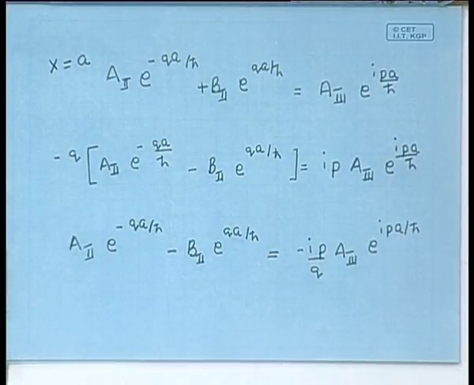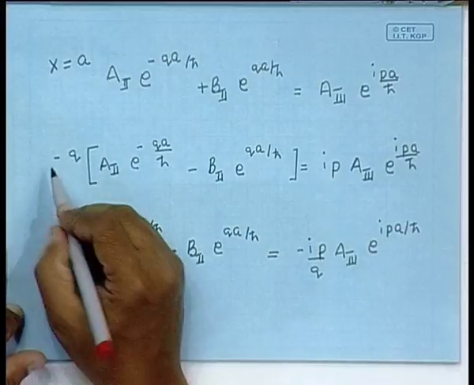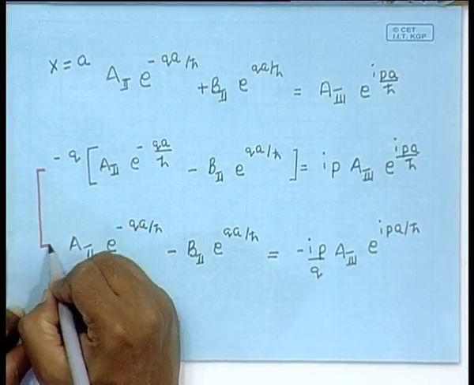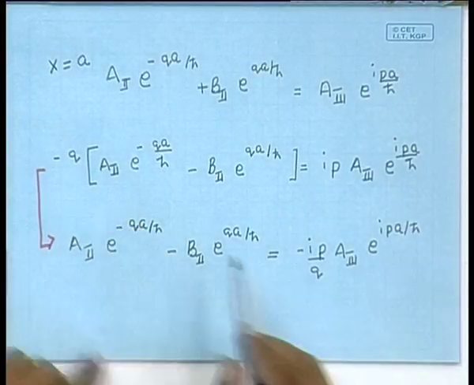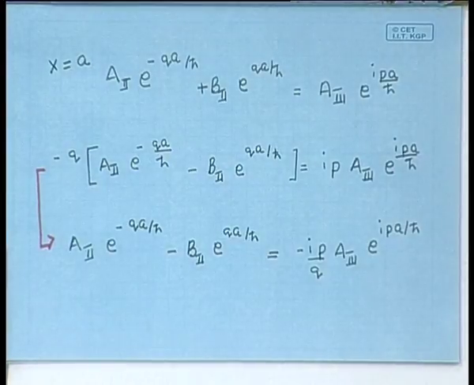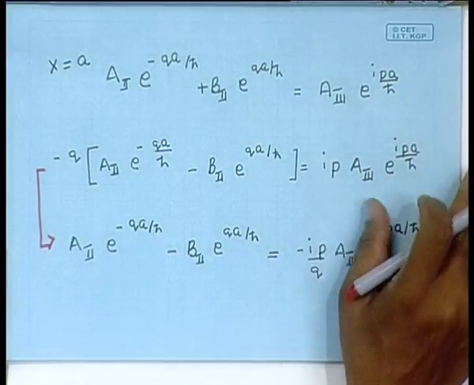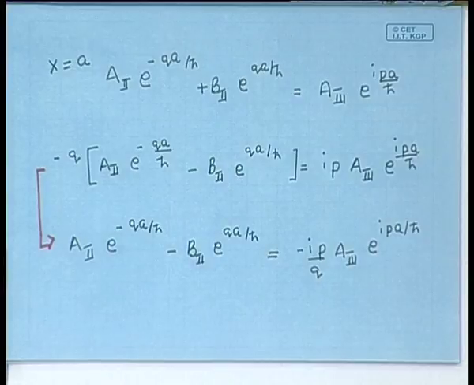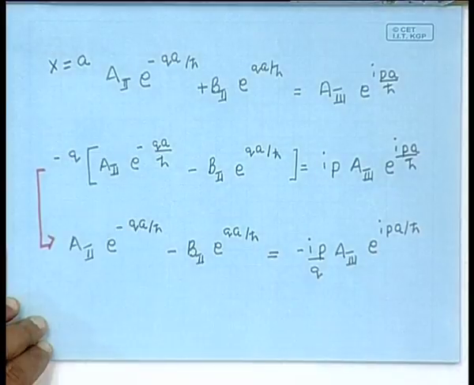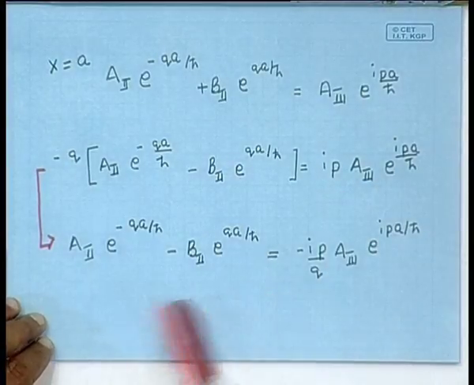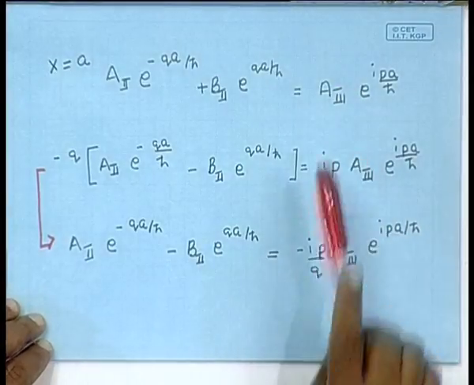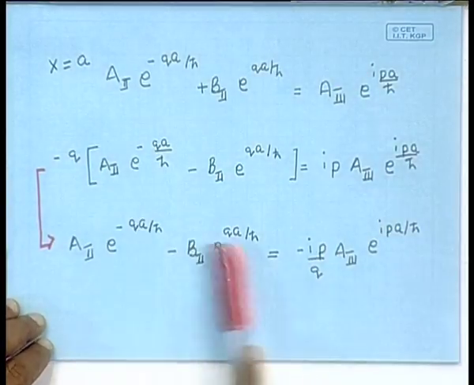So, this has been obtained from this. It is exactly the same, just that we have taken this factor of minus q onto the other side. So, we now have two boundary conditions at the boundary x equal to a, and again we can eliminate the A3 here and write it in terms of these.